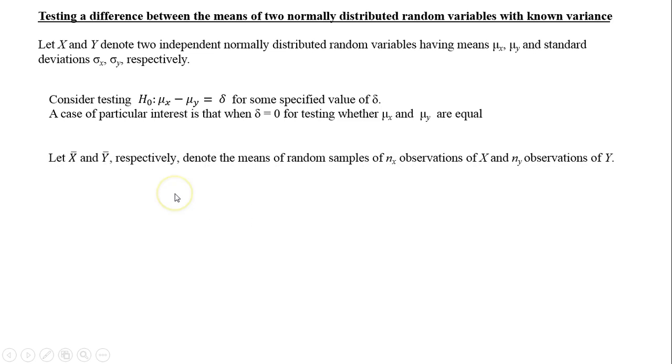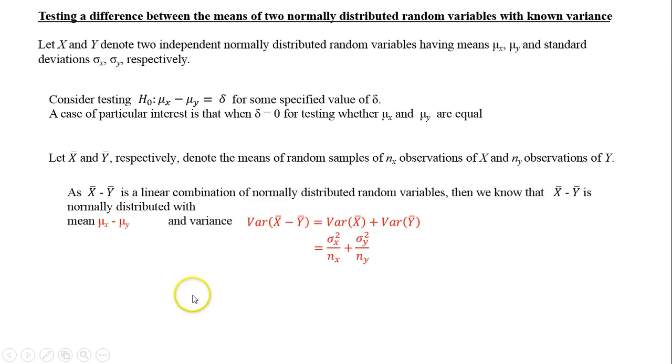Let x bar and y bar respectively denote the means of random samples n of x and n of y. Then, as x bar minus y bar is a linear combination of normally distributed variables, we know that x bar minus y bar is also normally distributed with mean the difference in the means, and the variance would be the sum of the variances of x bar and y bar.